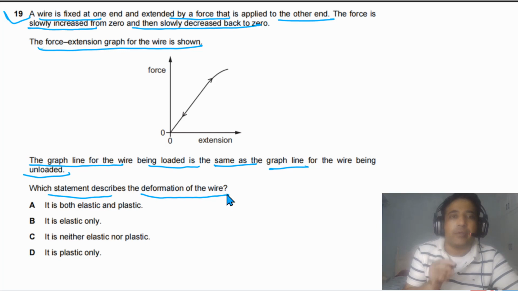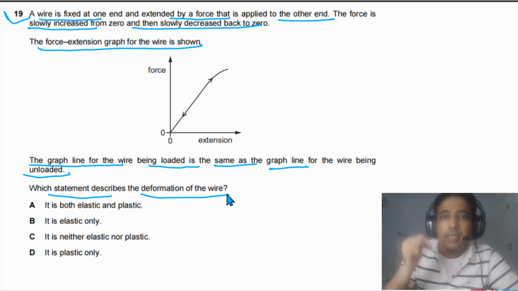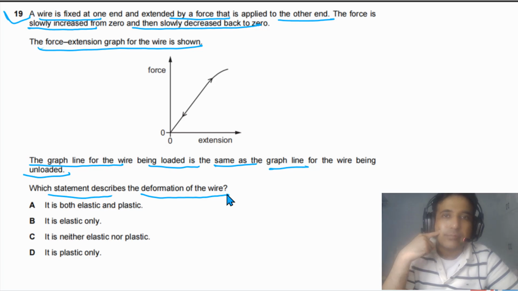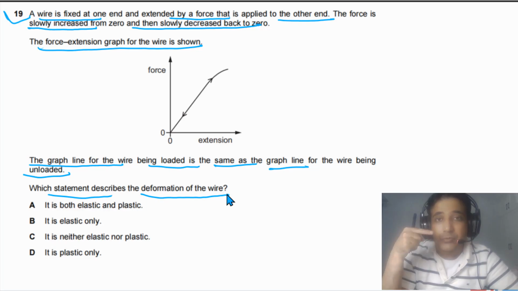First of all, let me explain with a simple example. Imagine that if I place my finger on my cheek, you will see my cheek has deformed. Now if I remove the finger, you will see it has regained shape. So this kind of deformation is elastic, because my cheek has returned to its original shape and size.